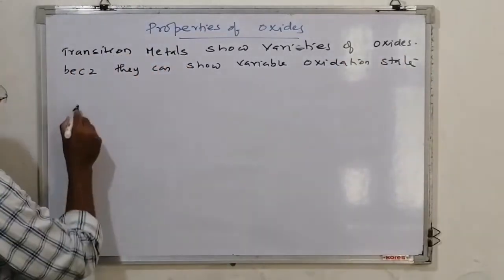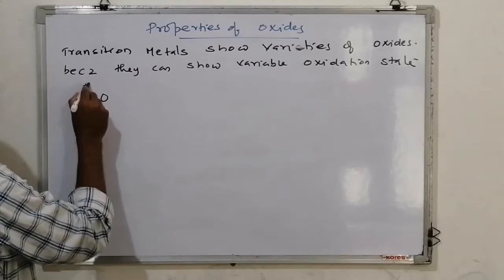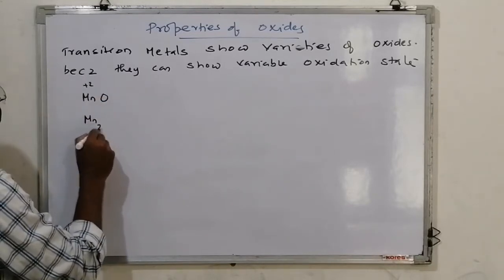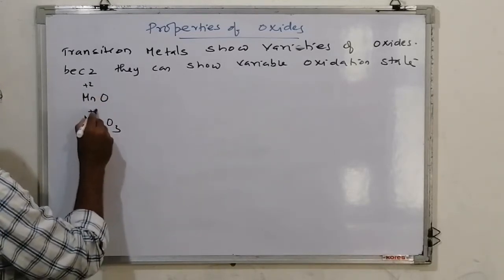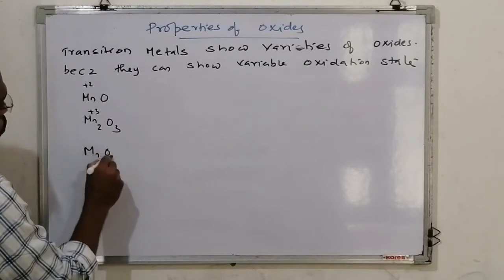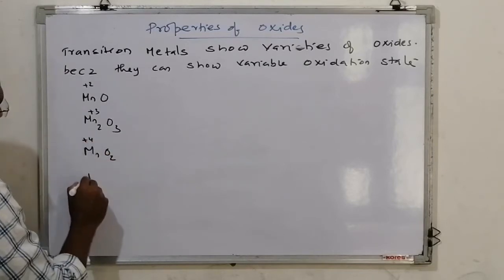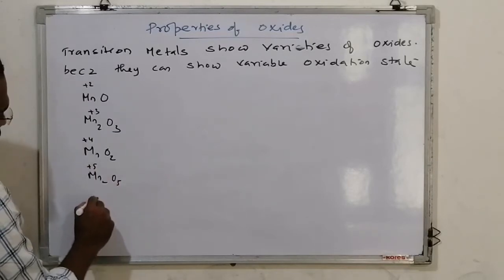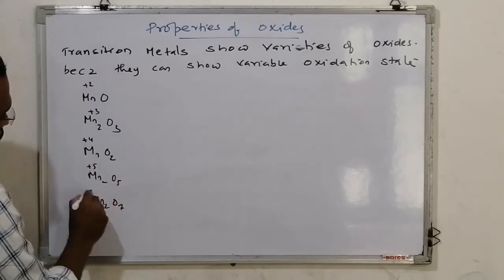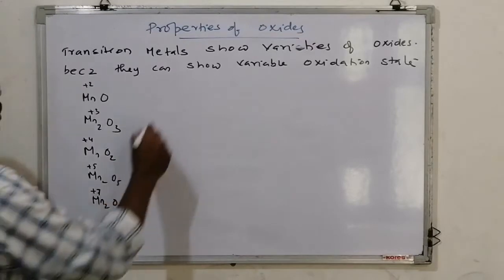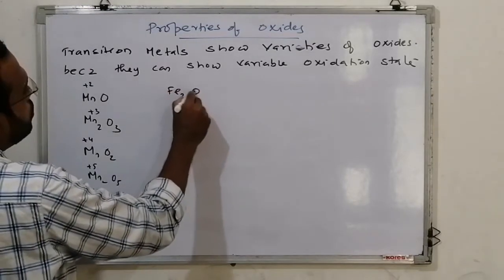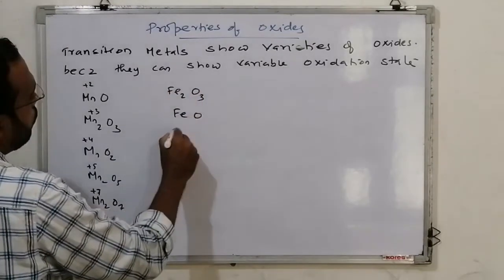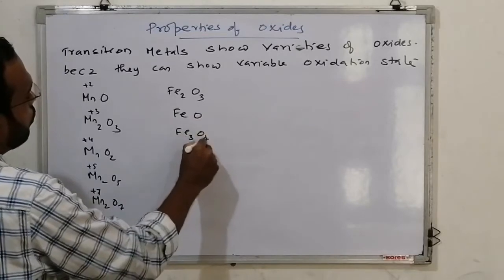I will tell you some examples. Suppose MnO here is +2, Mn2O3 +3, MnO2 +4, Mn2O5 +5, Mn2O7 +7, and Fe2O3, FeO, Fe3O4.